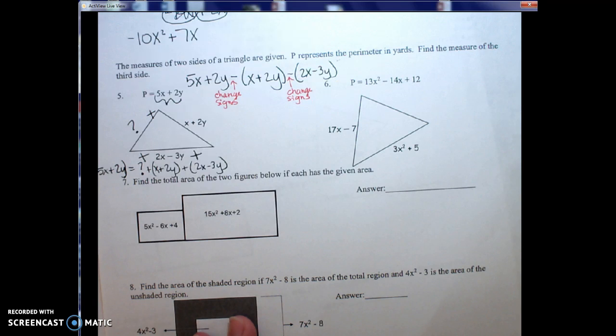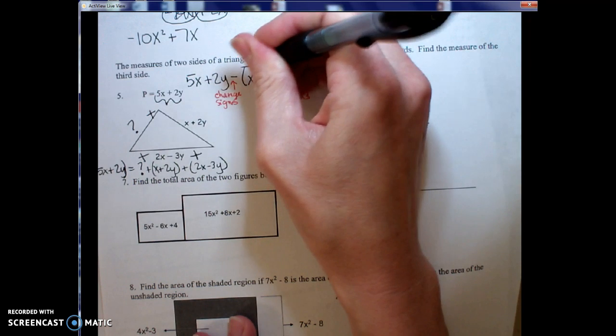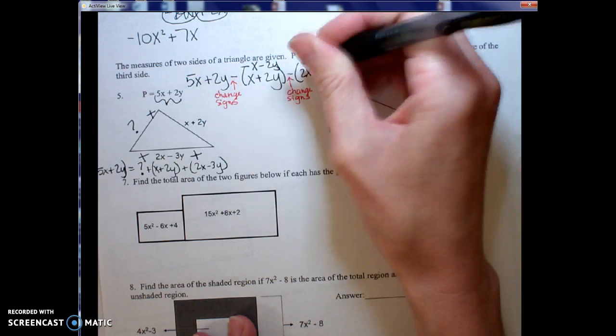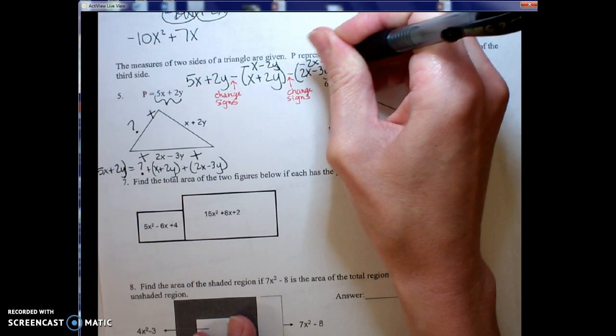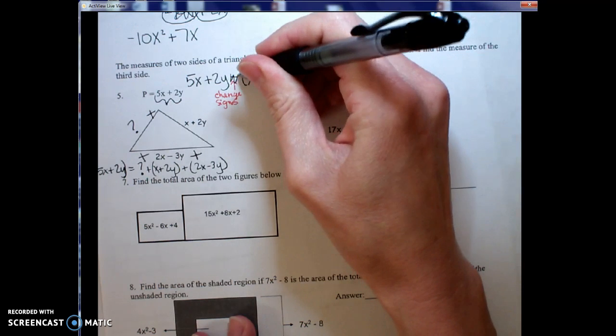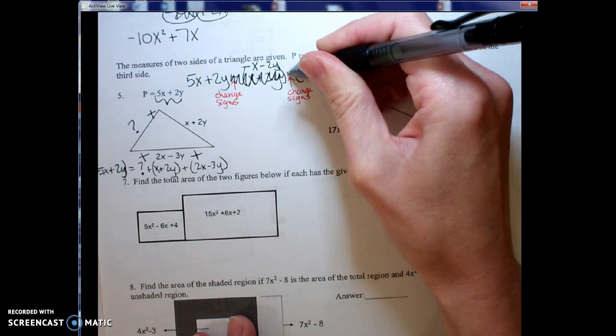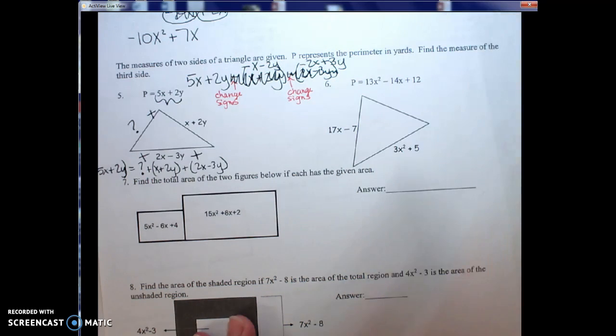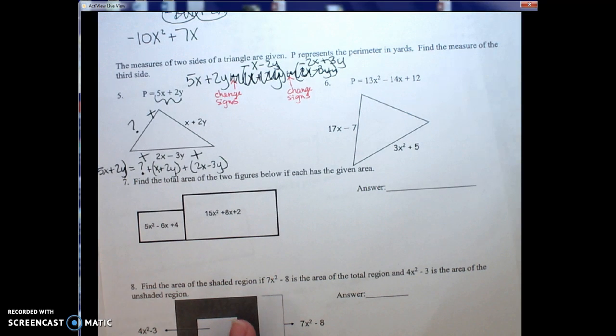So if I do that now, I would have negative x minus 2y and negative 2x plus 3y. Once I rewrite it and change the signs, I can scribble through my subtraction signs and the original information. So from here, it's just about combining like terms.